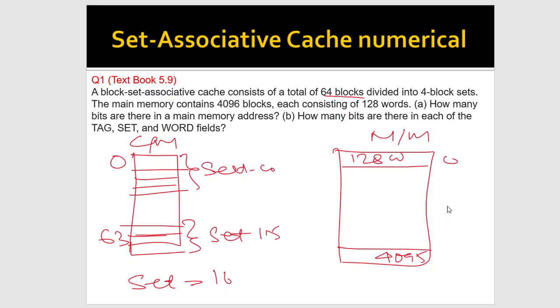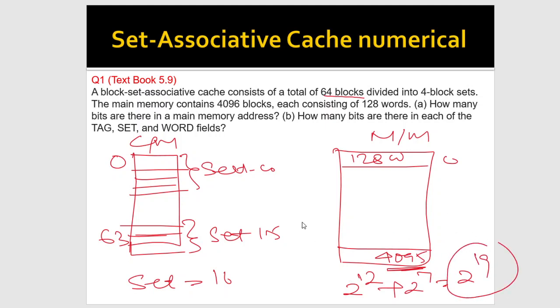So what is the address line? Block plus word. 4096 is how much? 2 to the 10 is K, 11 is 2K, 12 is 4K. So it is 2 to the 12 number of blocks, plus block offset 2 to the 7. So the total is 2 to the 19. So a 19-bit address line is used by the main memory.